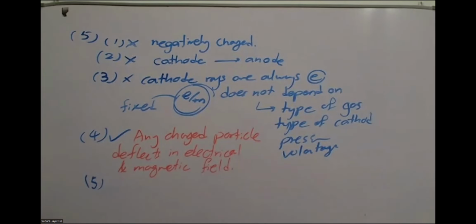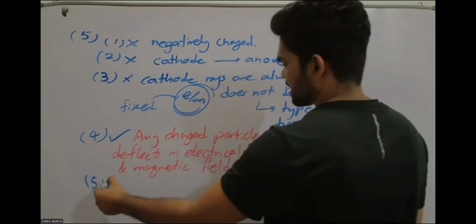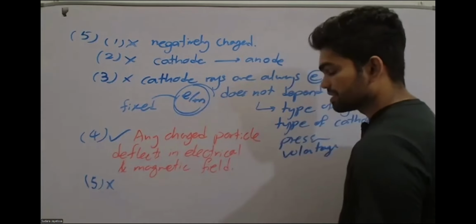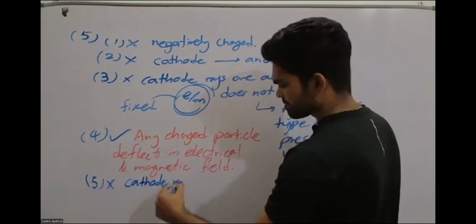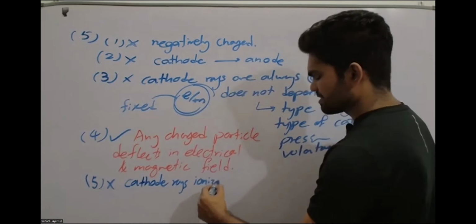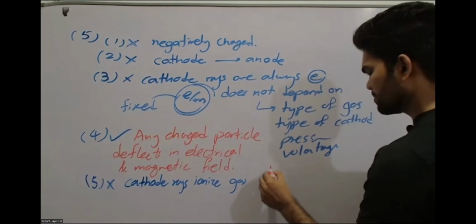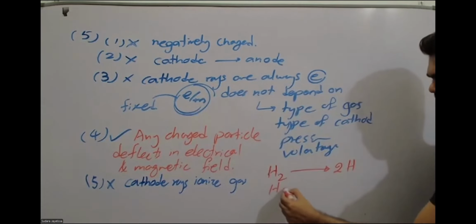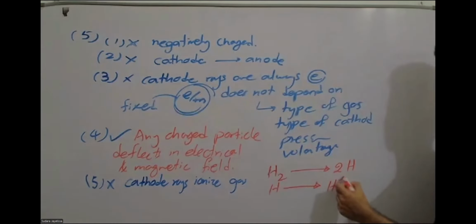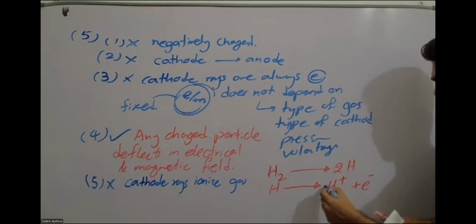So fifth, let's see why it is wrong. The statement that they are not capable of ionizing the gas inside the cathode ray tube is wrong. Cathode rays have some ionizing power. Cathode rays can ionize gas. Let's say you had H2 gas. First it is broken into 2H. Then these H atoms will be ionized to H+ and electrons. Then what will happen to this H+?